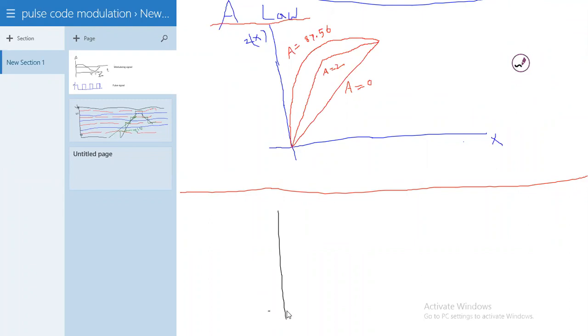Again, I will draw this one. Let us assume the modulating signal is like this.